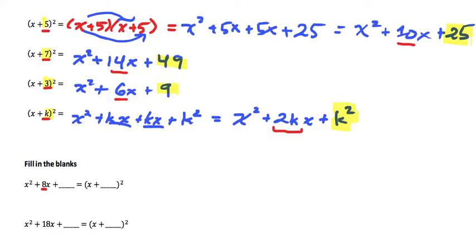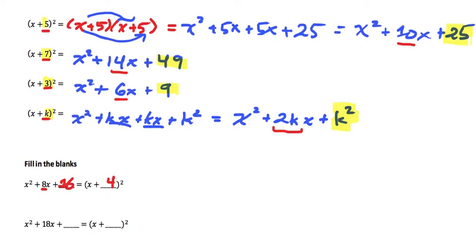So if you have an 8x here, this number is going to be 4. And then the other term that's out here is always this number squared. So 3 squared is 9, 7 squared is 49, k squared is k squared, 5 squared is 25. So this number in the blank here is going to be 4 squared, or 16.